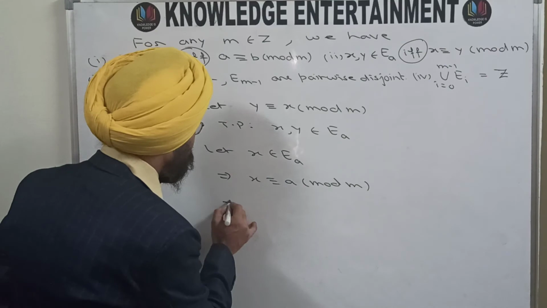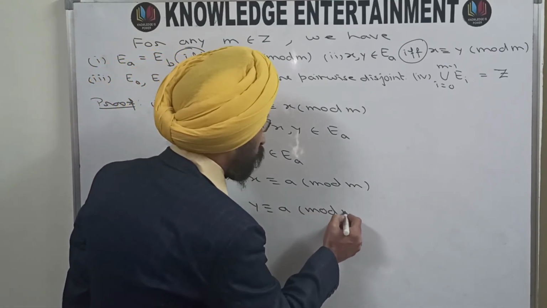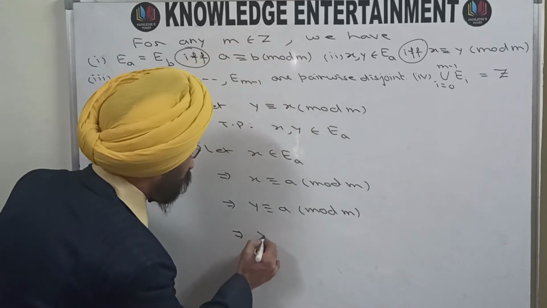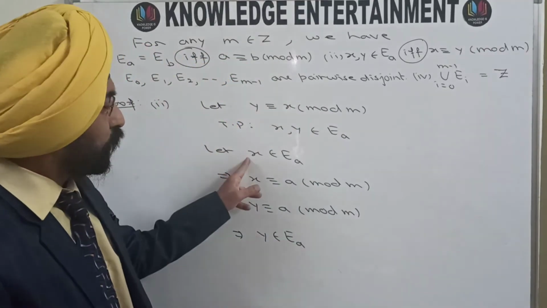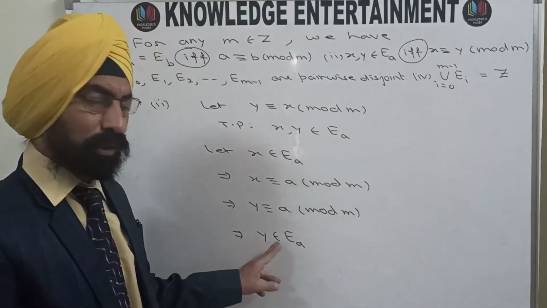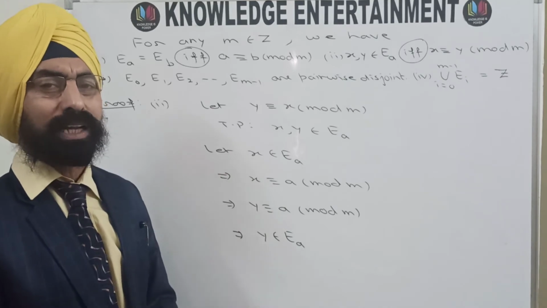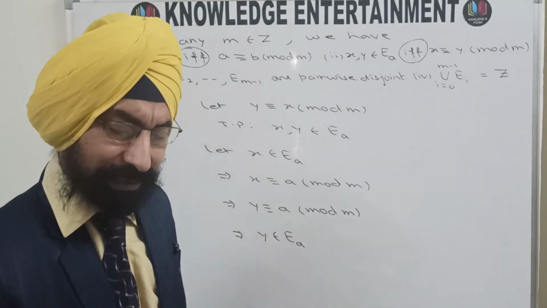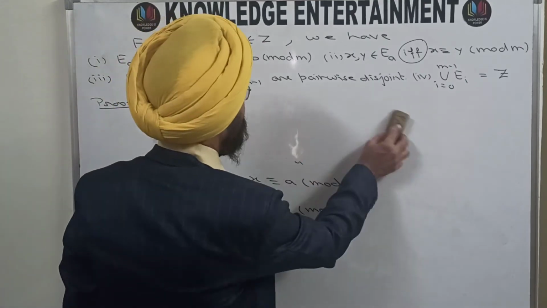So you will get y is congruent to A mod m, and that means y belongs to EA. You took x belonging to EA, and now y also is in EA. That means x and y are both in the same residue class, and that was to be shown in the second part.